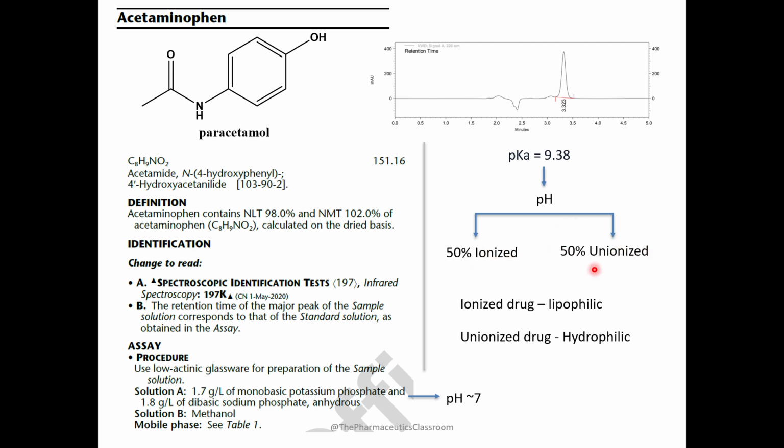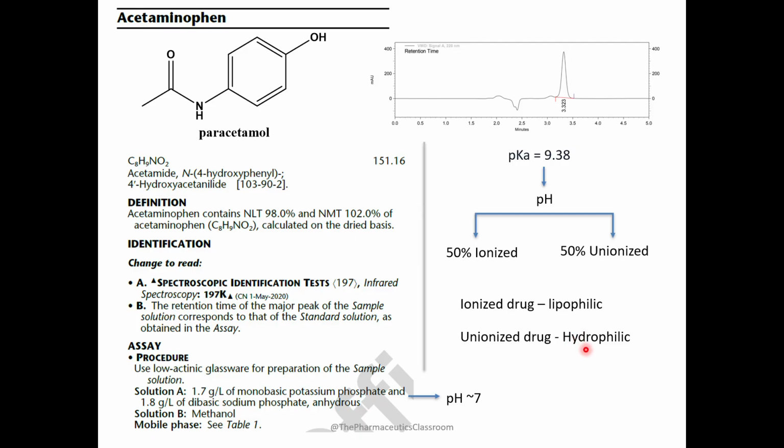As we know, a drug in ionized form will behave like a hydrophilic drug. By mistake I have written lipophilic here, but the ionized drug will behave like hydrophilic, and the unionized drug will behave like lipophilic.